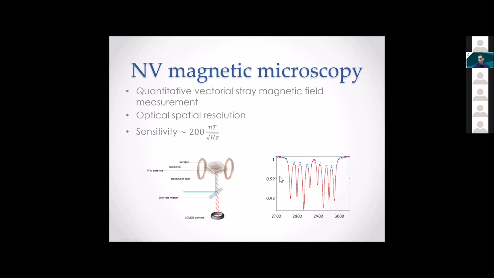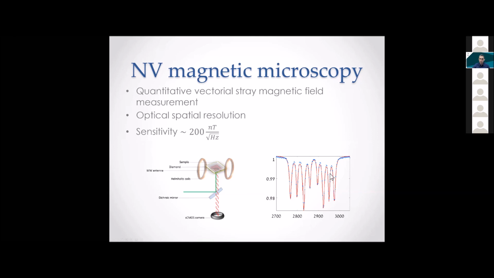So we end up getting this type of picture containing 8 different resonances, and from the spectral position of these resonances, we can extract the magnetic field that the NVs are subject to at that pixel.